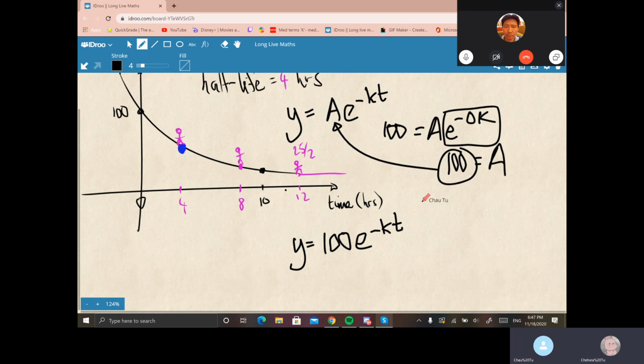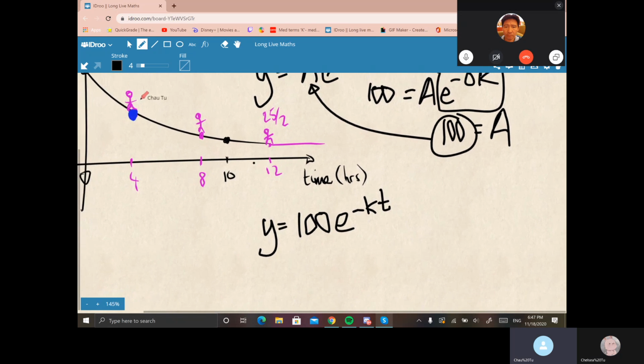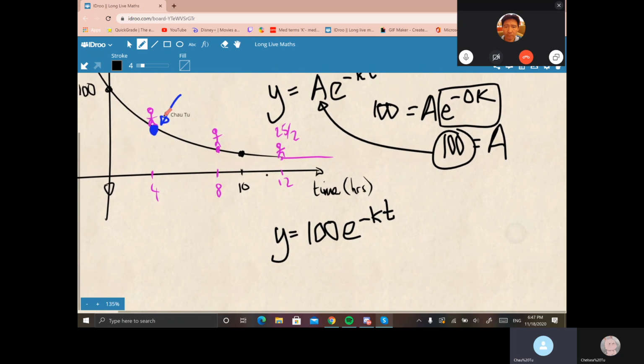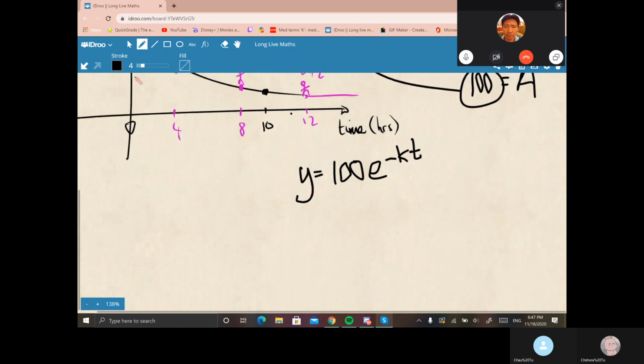Go on, do it. Work out k now. What do you do? Because you've got to force a graph to pass through this point here so that it fits your half-life. What do you do? Plug it in. 4.